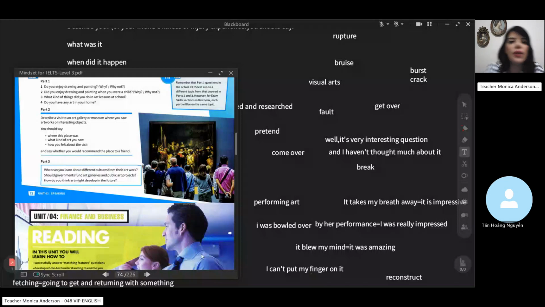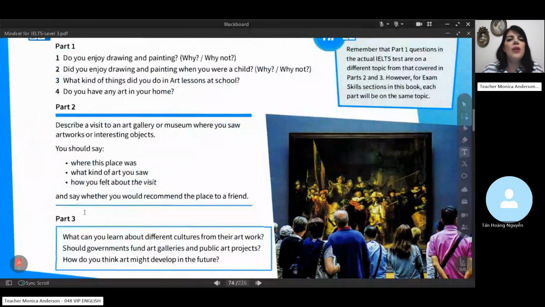For example, let's have a look. Where this place was, past. What kind of art you saw. Now not only past, give it to present. And maybe you can use future. Maybe in the future I will get used to visiting museums and art galleries.